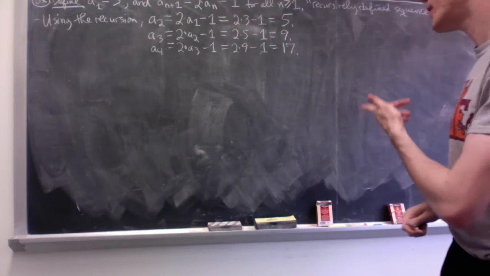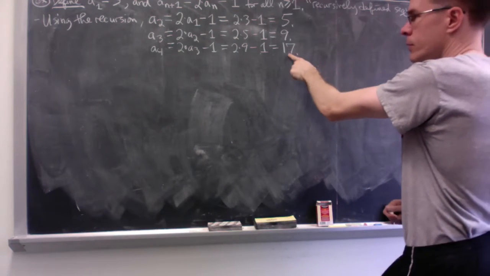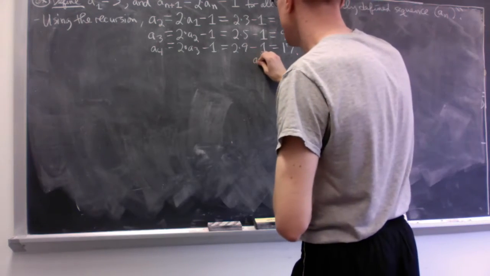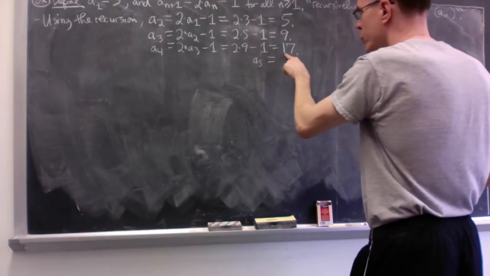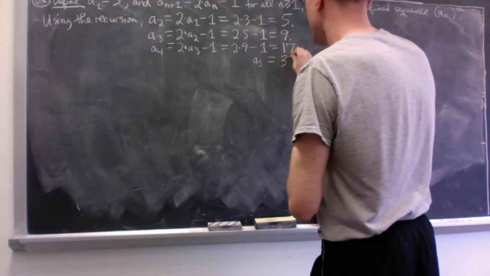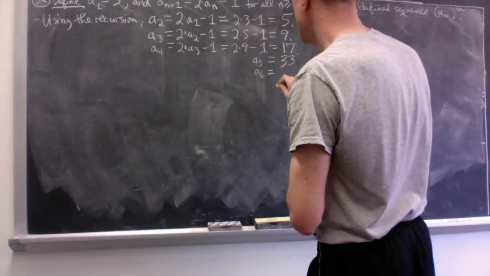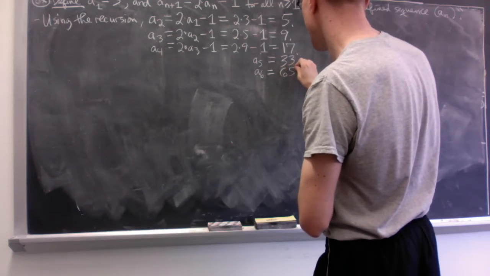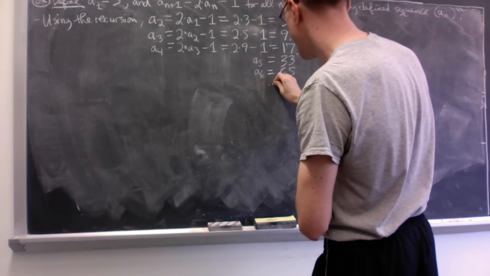And in general, you just take the previous number, double it, subtract 1. So I'll do that just more quickly. So 34 minus 1 is 33. 33 times 2, 66. Minus 1 is 65. Dot, dot, dot.